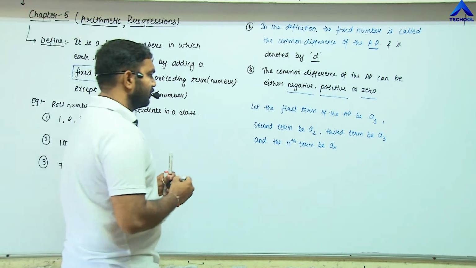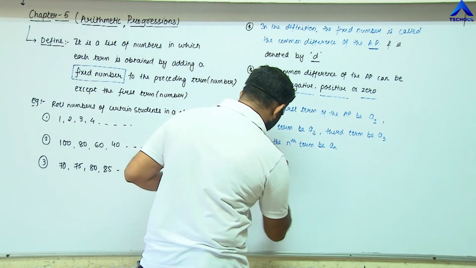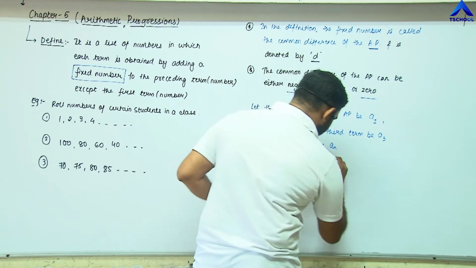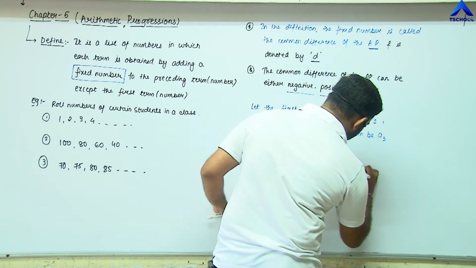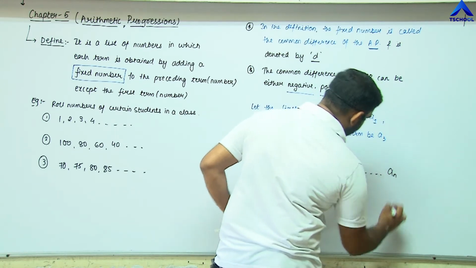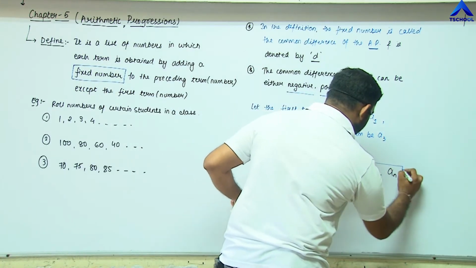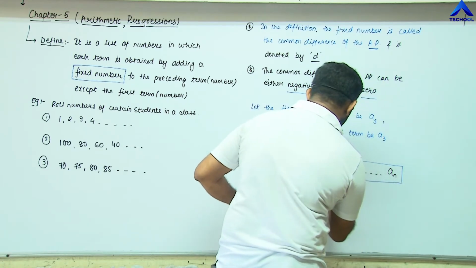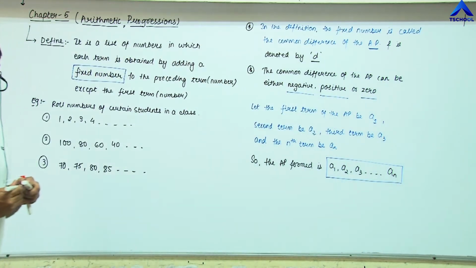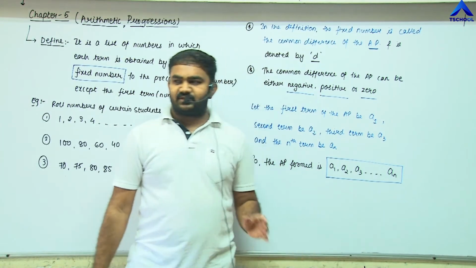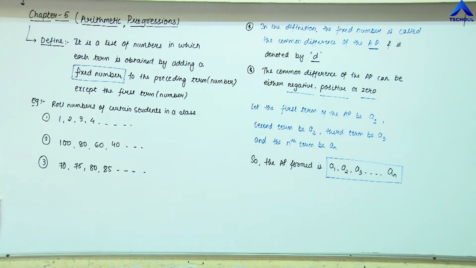So the AP form is a1, a2, a3 up to an, right? This will be the AP form here. The first term is a1, the second term is a2, the third term is a3, up to the last term an. Is it clear? So that is the general AP, where a1 is the first term, a2 is the second term, a3 is the third term, and so on.